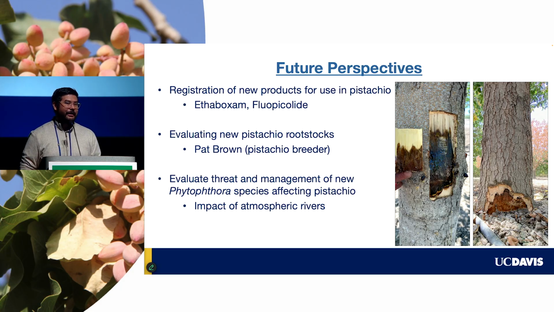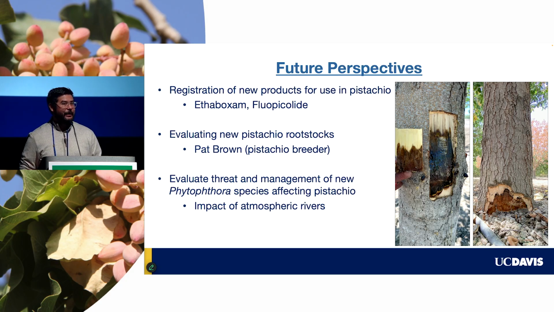And then I do want to emphasize that, as I mentioned, with the atmospheric rivers coming out of 2023, we saw huge amounts of flooding from nearby rivers and levees, with massive amounts of water being moved around and introduced into these pistachio orchards.